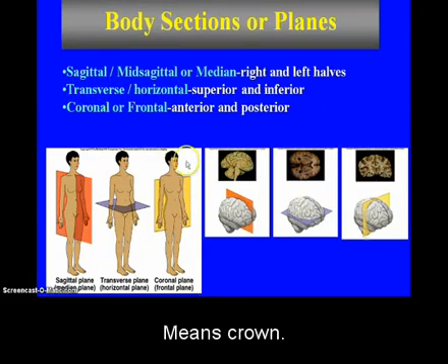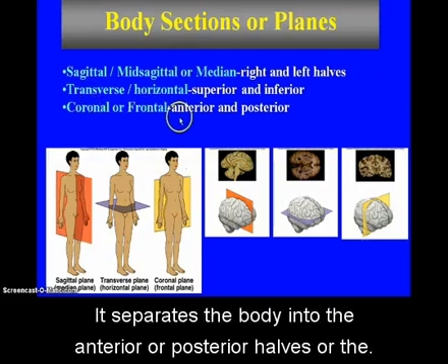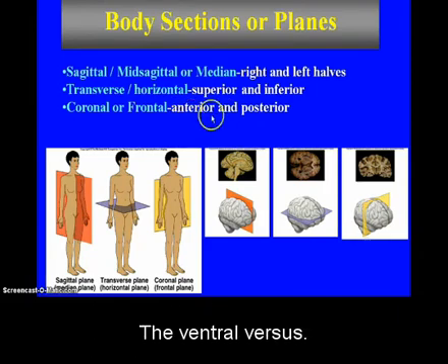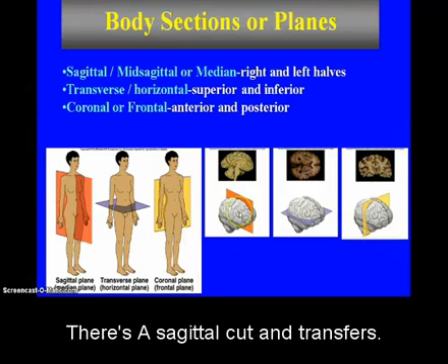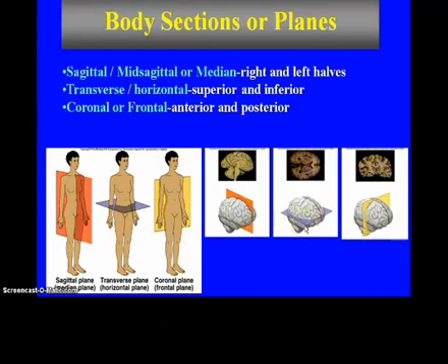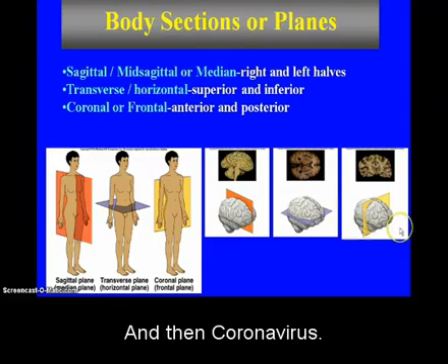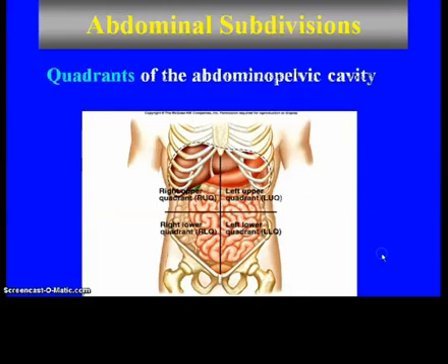Coronal means crown. It separates the body into the anterior and posterior halves, or the ventral versus the dorsal. There's a sagittal cut and transverse or horizontal, and then coronal.